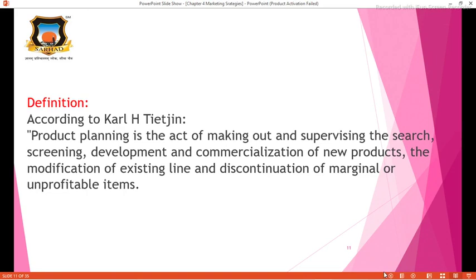Product planning is the act of marking out and supervising the search, screening, development and commercialization of a new product, the modification of an existing line, and the discontinuation of marginal or unprofitable items.